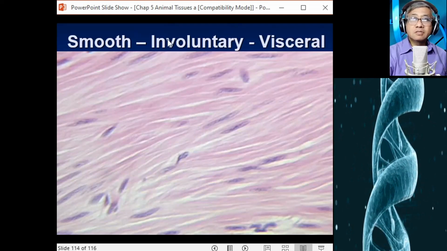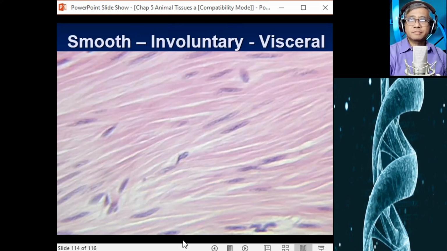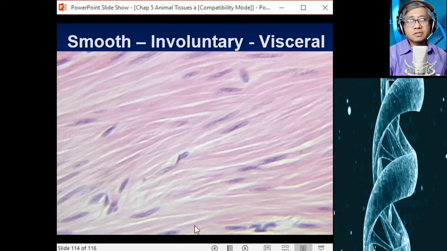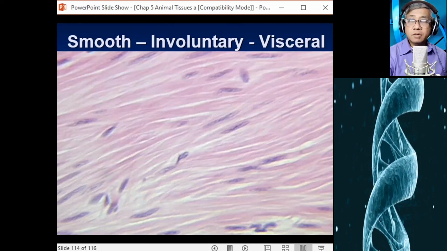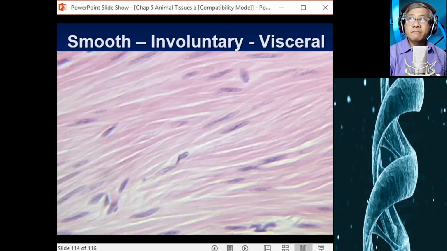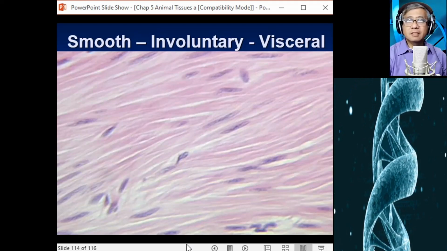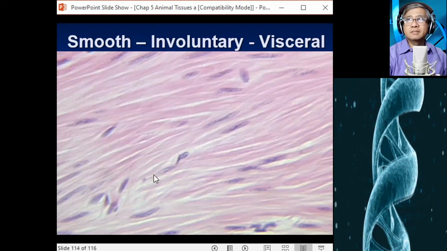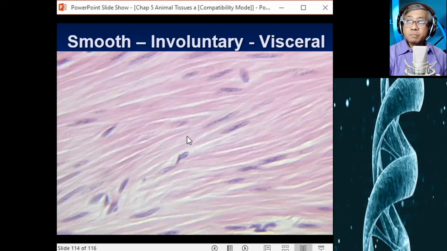Involuntary because this muscle is not under conscious control. You can find this muscle in the alimentary canal, like esophagus, stomach, intestine. Visceral because this muscle can be found in the internal organs, like the digestive organs. If you will notice, the cells are spindle-shaped.